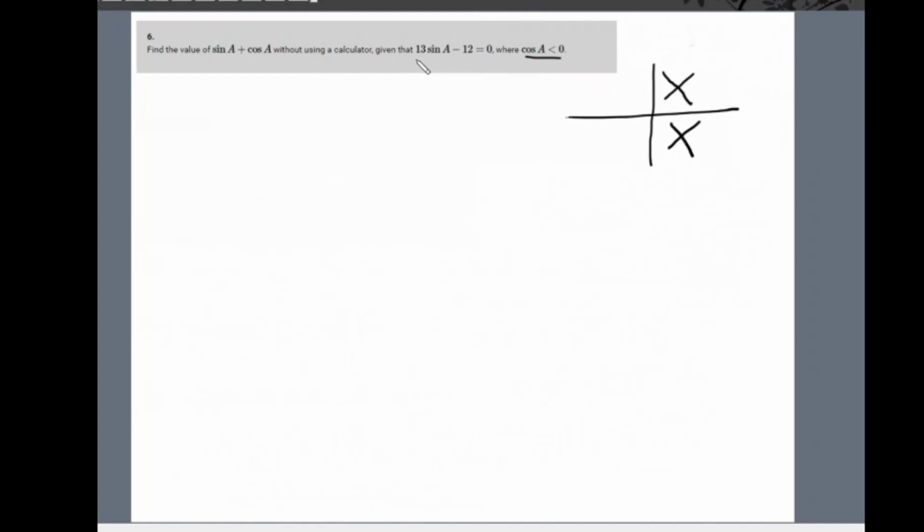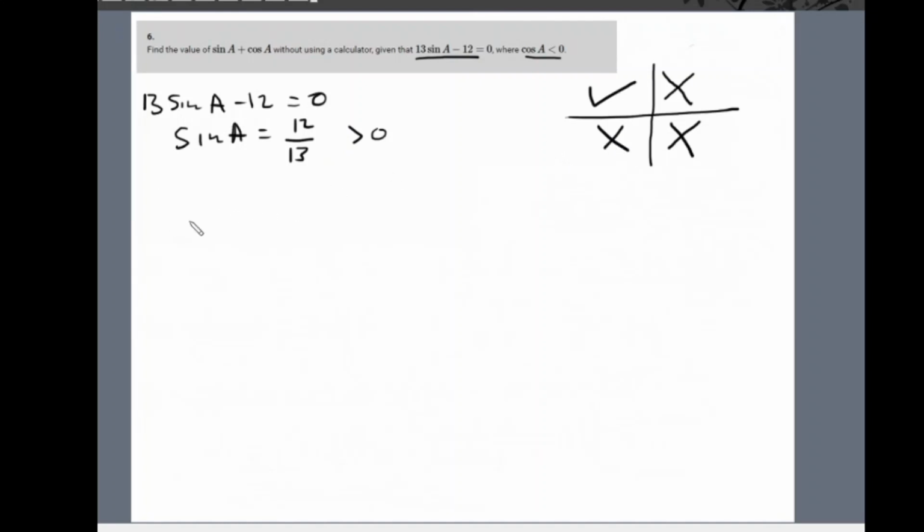Looking at the given statement, 13 sine A minus 12 is equal to 0. If you make sine A the subject of the formula, sine A is equal to 12 over 13, which is greater than 0, which is positive. Therefore, we are in the second quadrant, because sine is negative in the third quadrant.